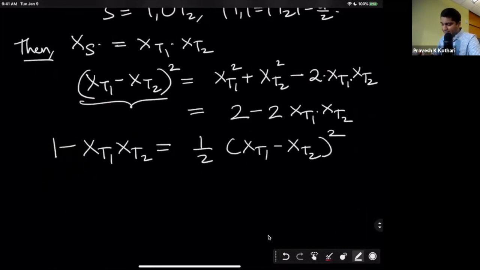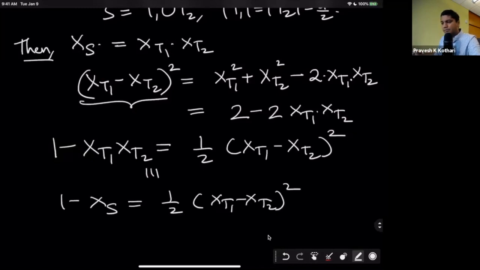And remember, X_T1 X_T2 is X_S. So this is equivalent to 1 minus X_S equaling half of this guy, which is a square. Okay, so I've given you a proof of 1 minus X_S being a square, and X_T1 and X_T2, remember, were of degree D over 2. So this is a square of a degree D over 2 polynomial. So this is the degree D certificate of non-negativity for 1 minus X_S.